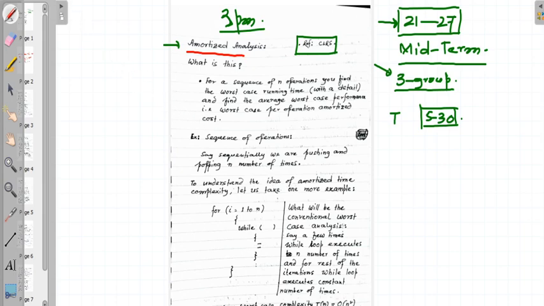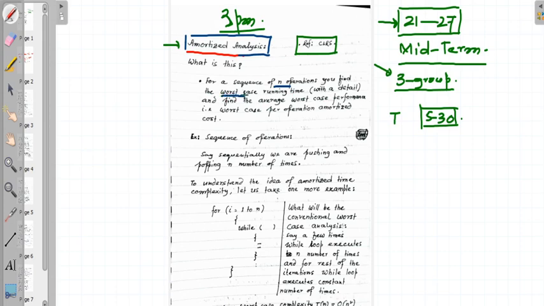Okay, so now we are dealing with amortized analysis. So, what is this amortized analysis? For a sequence of n operations, what we have found so far is the worst case running time.